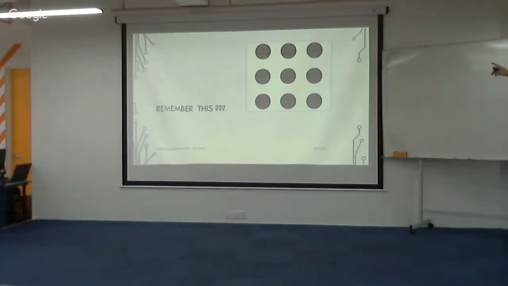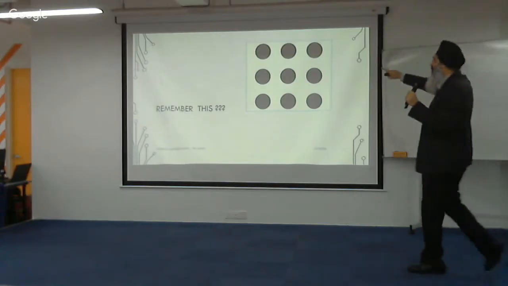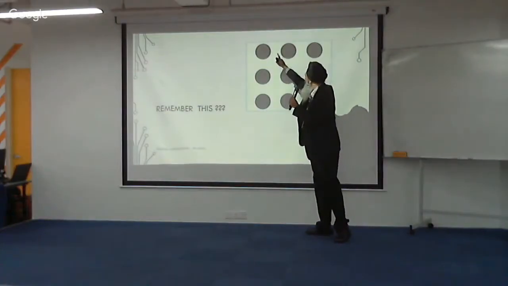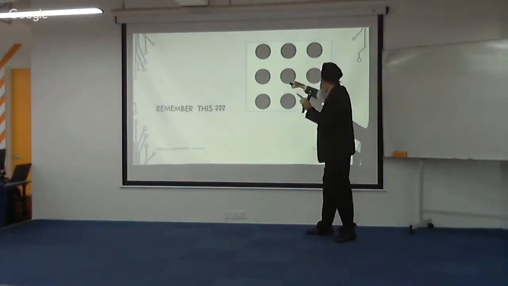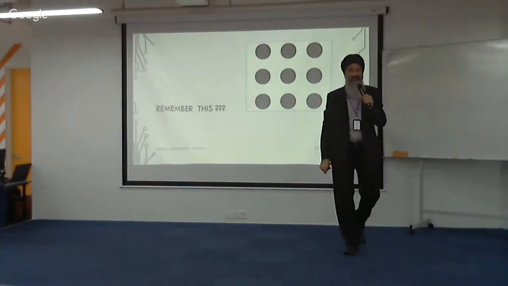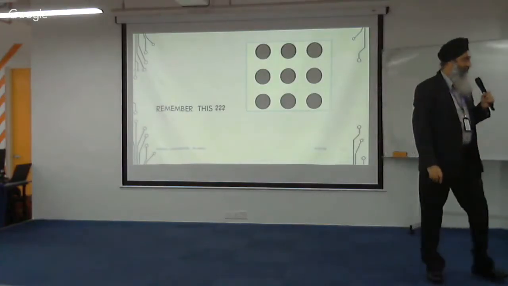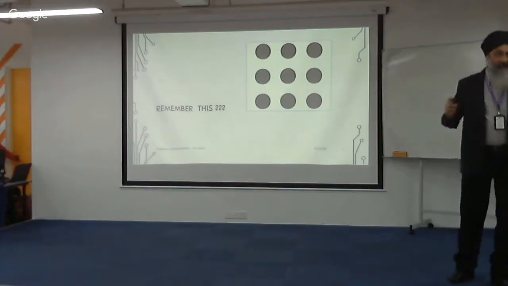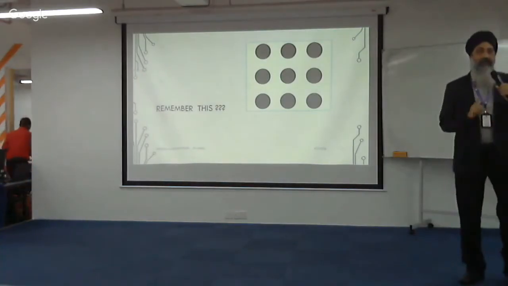Yeah, 9 dots. You got the 9 dots? They have to be equidistant, 3 rows of 3 dots. We're going to do this exercise 3 times over. First round.